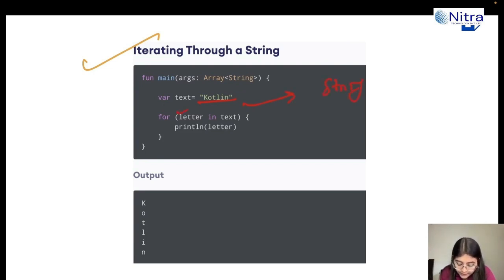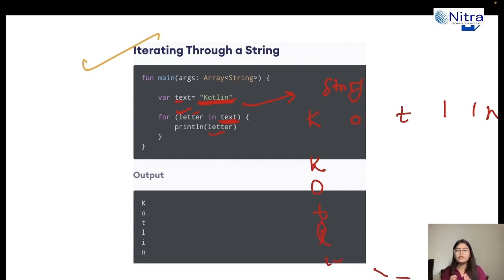So for every letter in the text, what I'm doing is iterating over this string, over Kotlin. I am printing each and every value, for letter in this text. So for the very first time it will have the value K, then it will have the value O, then T, L. I'm just printing it.